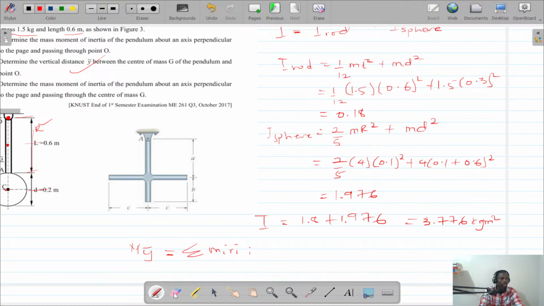So that changes the answer. So we have 0.18 plus 1.976, and that will be 0.18 plus 1.976. So we get 2.156 kilogram meter squared.